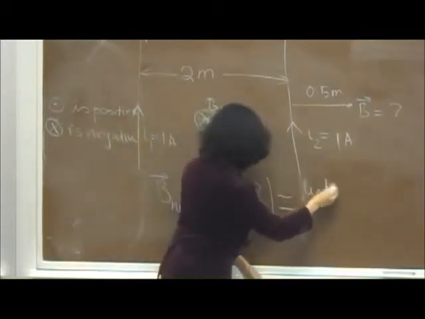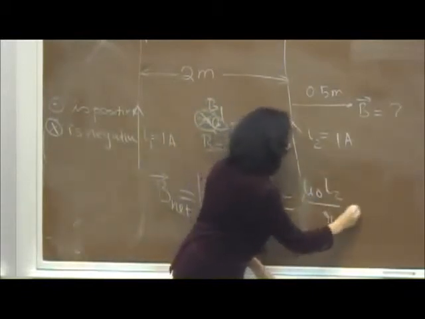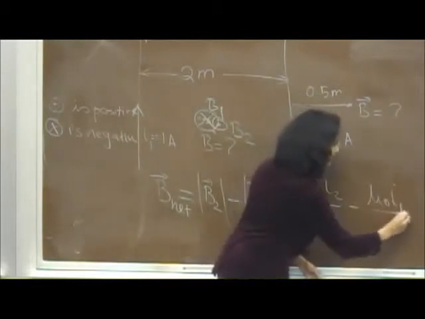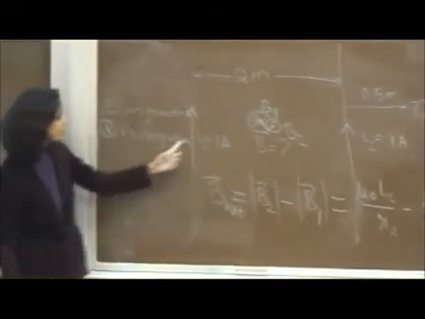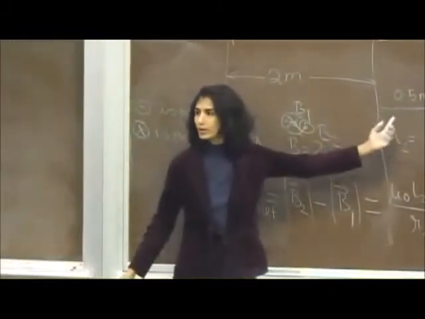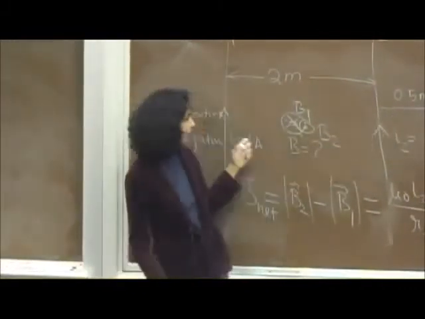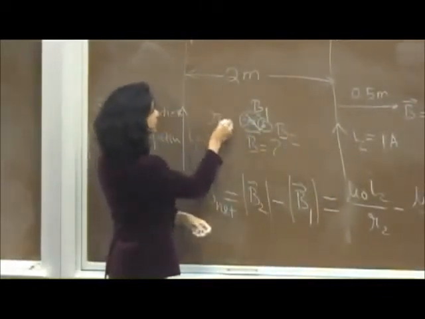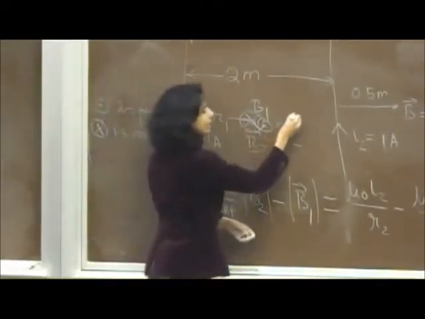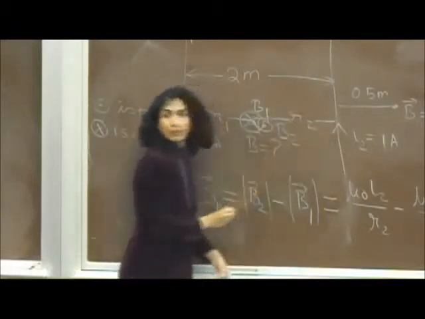By the way, so now what is this going to be? This is going to be mu 0 times I2 over R2 minus mu 0 times I1 divided by R1. But in the problem that we have been given, look, I1 is equal to I2. Isn't it? Both of them are 1 amp. And is R1 equal to R2? No, notice that this is going to be my R1 and this is going to be my R2.